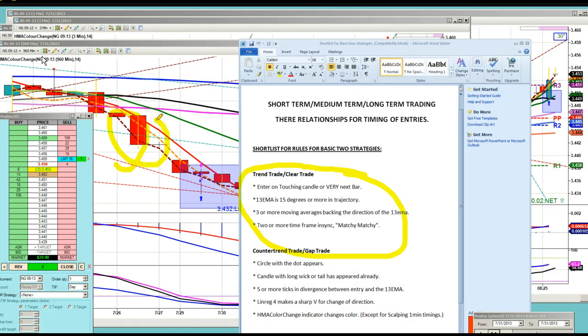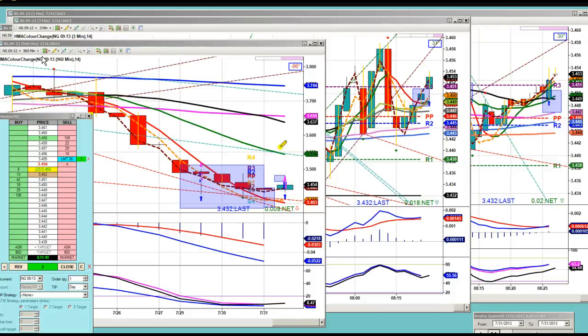On this day, on the 26th, I would have been looking at a downtrend for my bigger moves, because this is my trend criteria: the touching candle, 13 EMA, majority of the moving averages. But on this day, I'm looking for a gap trade. And I know where the goal post is. Goal post is always to the 13. The fact that we haven't hit it yet tells me that we're going to have strong agreement to go long.